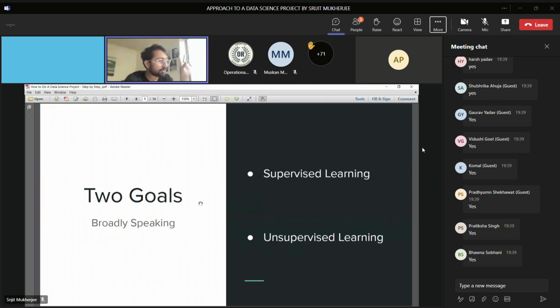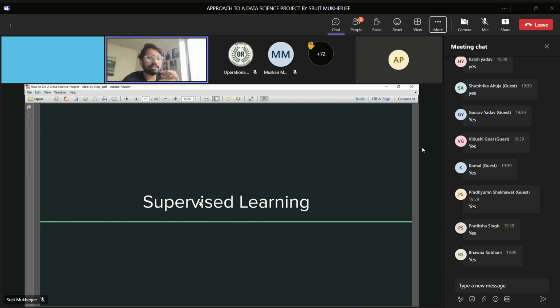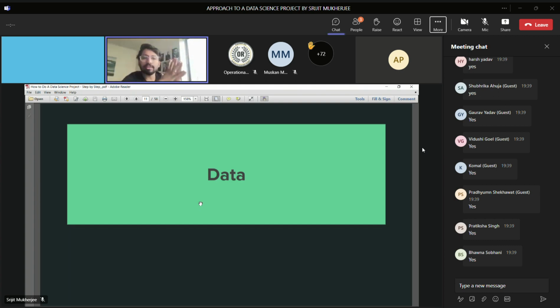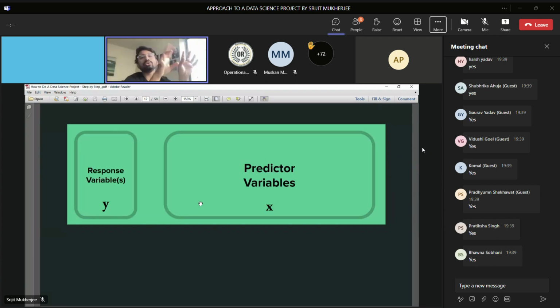So, broadly speaking, there are two goals. One is supervised learning, or one is unsupervised learning. If I talk a bit about what is supervised learning, it's simple. So you have a data set. Let's assume the data set is expressed in a tabular form, and you can divide the data set into two halves.